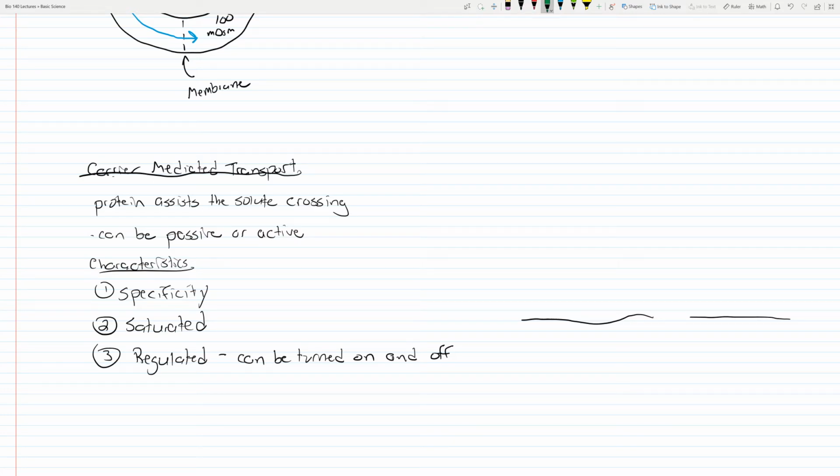Let's say we have a protein that looks like this. At the bottom of this protein, there's this groove. Let's say that is a glucose receptor site.